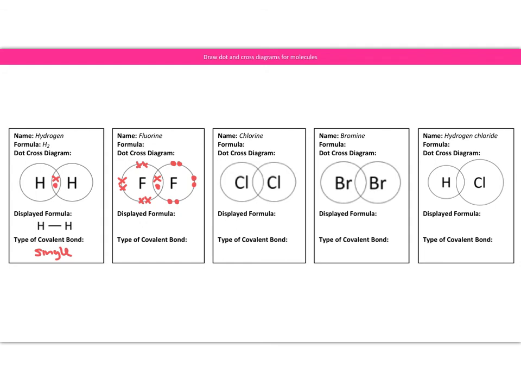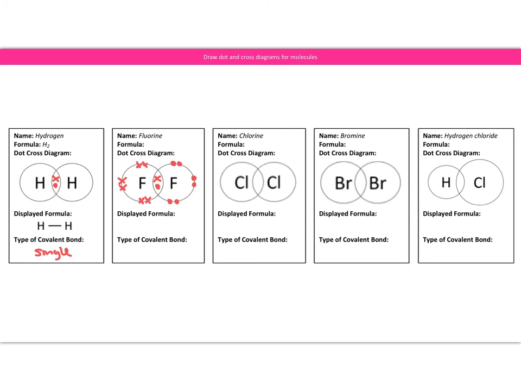Okay. And then I take the left-hand fluorine and I count the electrons on the outer shell. So 1, 2, 3, 4, 5, 6, 7, 8, a full outer shell. Take the one on the right, 1, 2, 3, 4, 5, 6, 7, 8, a full outer shell.